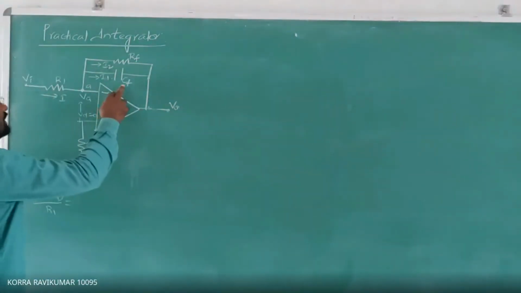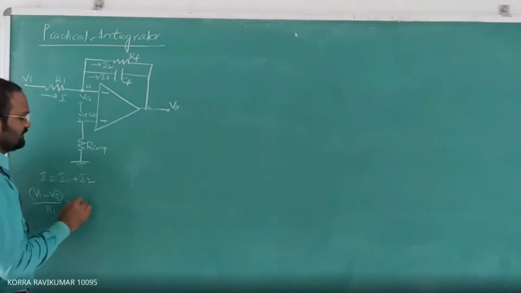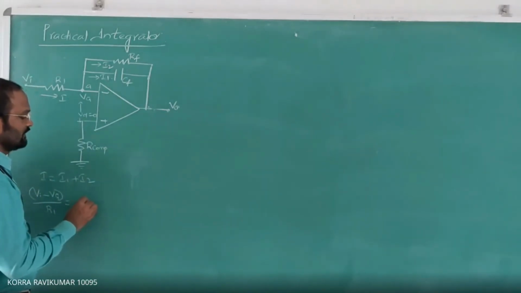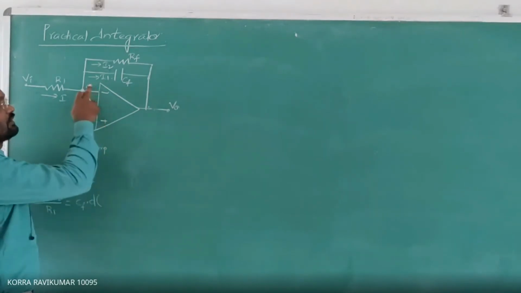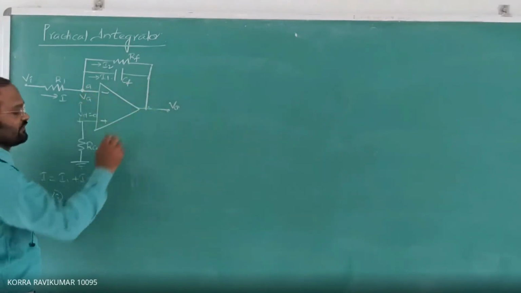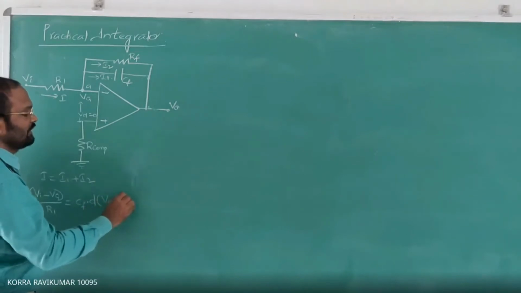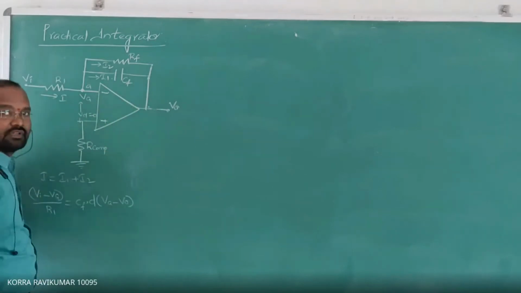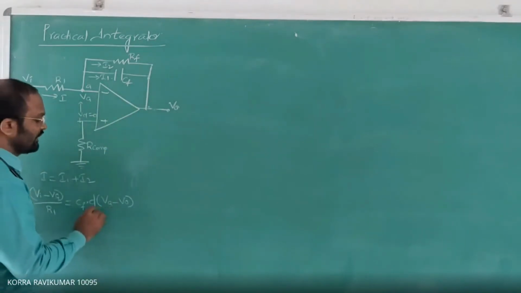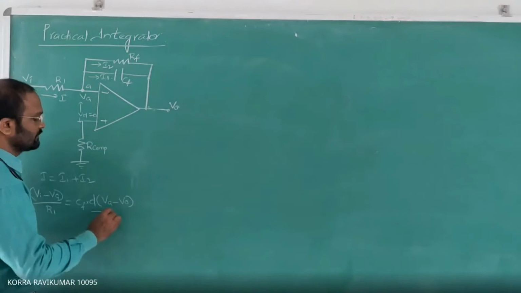That is the capacitance value CF into the derivative of voltage VA minus V0, because the capacitor is connected between VA and V0. So VA minus V0 divided by dt.